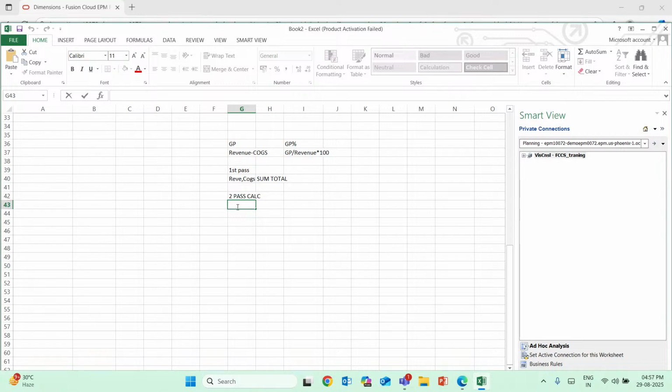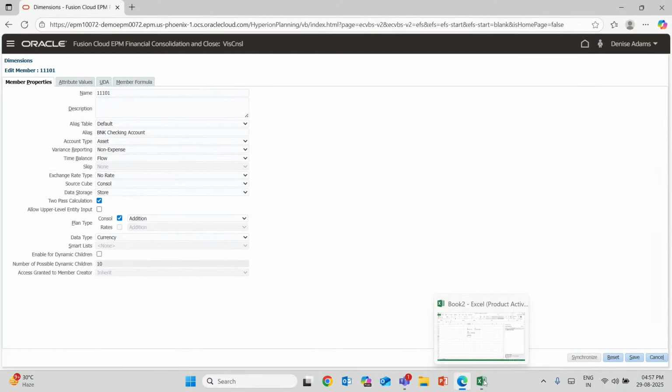It is used for more accuracy in the calculated account. For those where we have to have an accurate result, in those cases we enable two pass calculation to have the accurate calculation. There would be first pass checking and second pass checking, and the result will be provided accurately. So that's why we enable two pass calculation.